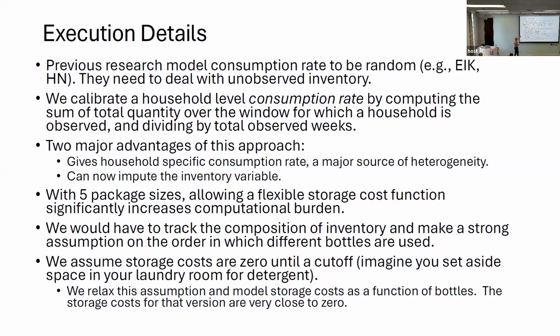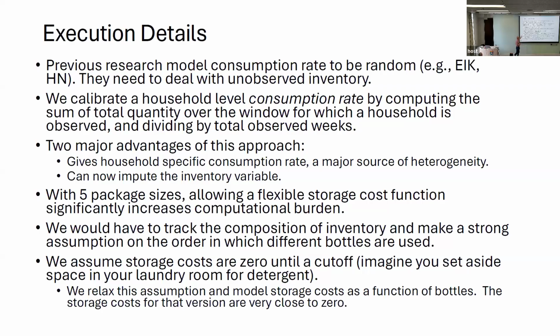In a version of the model in the appendix, we did take the pain to implement a version that would track the inventory orders and different package sizes. After we estimated that model, what we found is that the storage costs are actually very close to zero for most people.